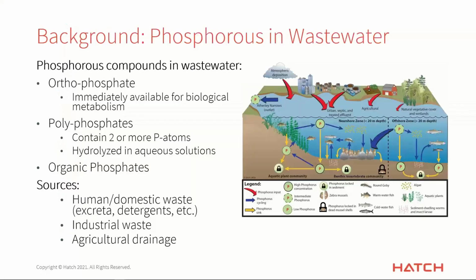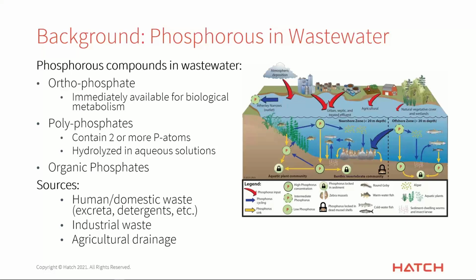Okay, so moving on. As you know, phosphorus is an important aspect of biological nutrient removal. It is one of the things that we want to try and get a handle on, and for good reason. The phosphorus that is leaving the wastewater treatment plant often goes into sensitive receiving bodies of water, where there are often fisheries and other things that are important in that region.